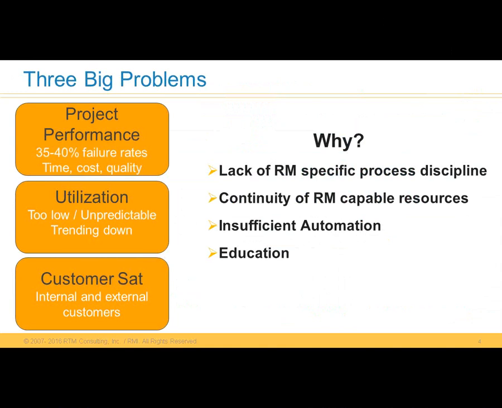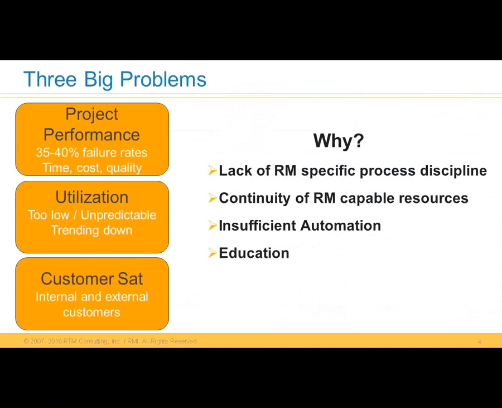And why is this? Well, the data is very compelling. The industry has invested heavily in project management and quality processes, but the lack of resource management process discipline is the number one reason why organizations tend to suffer in project performance. We've seen the data.